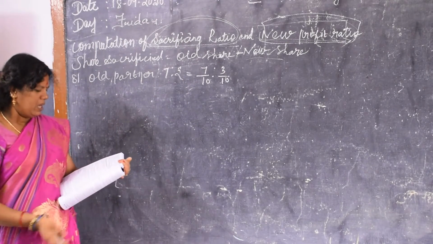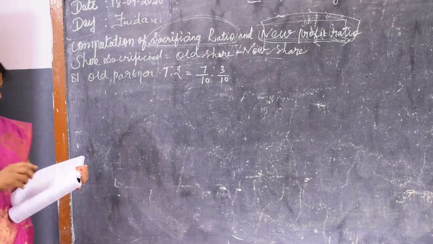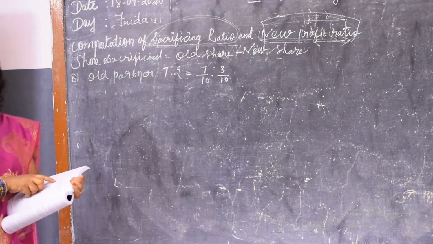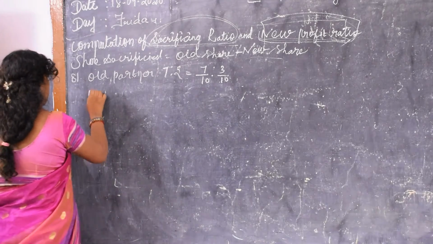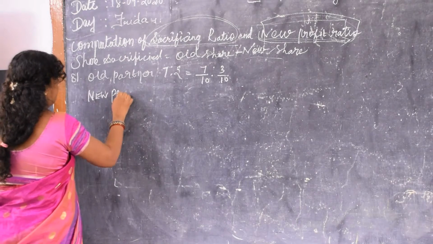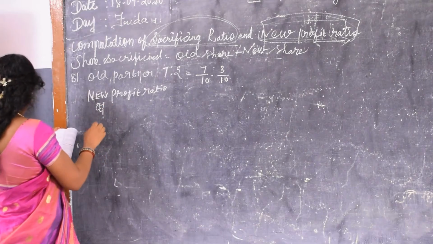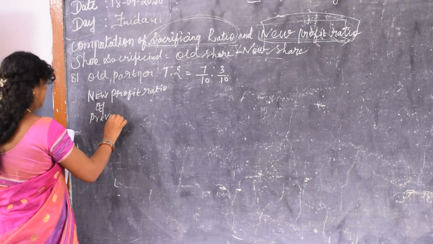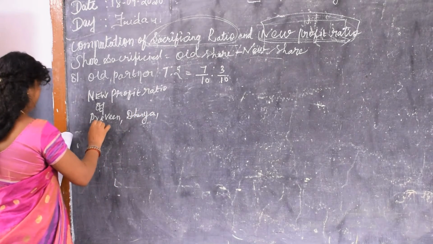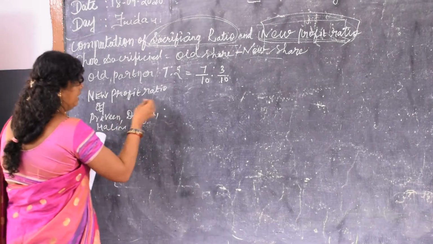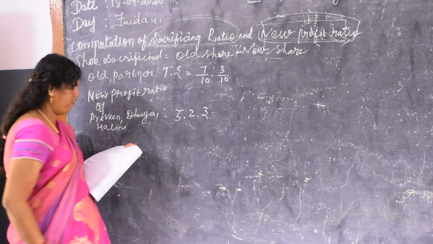Okay, then they admit Malini into the firm. Who is Malini? She is the new partner. The new ratio among Praveen, Danya and Malini, the new profit ratio of the three partners, is given in this sum as 5:2:3.